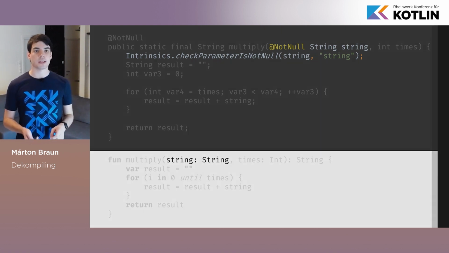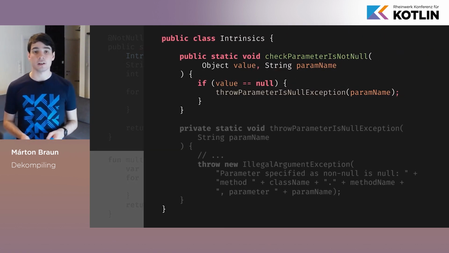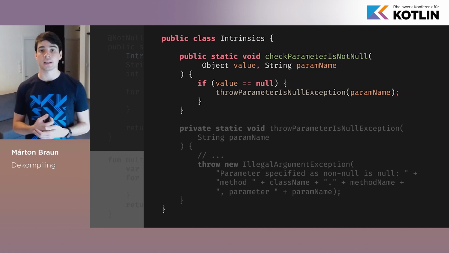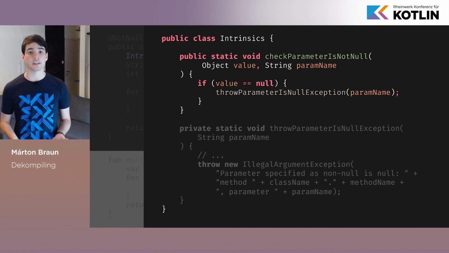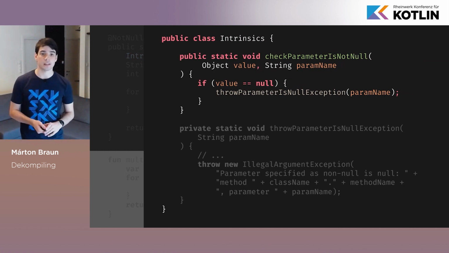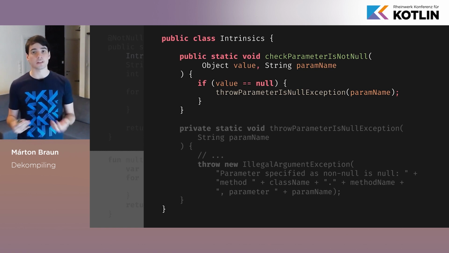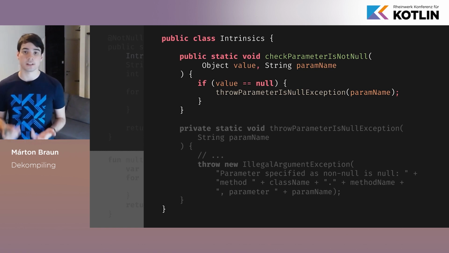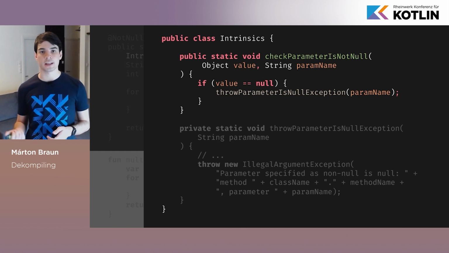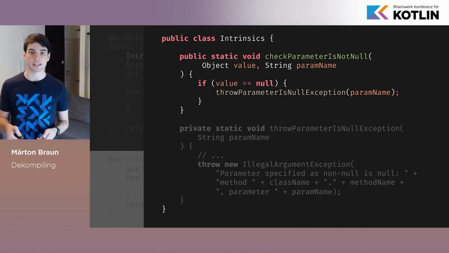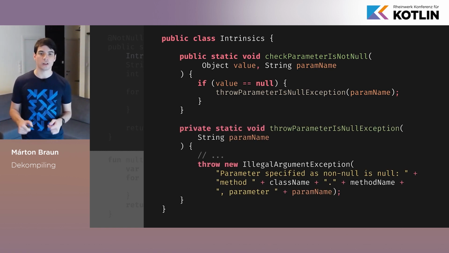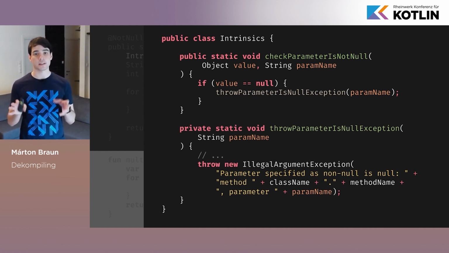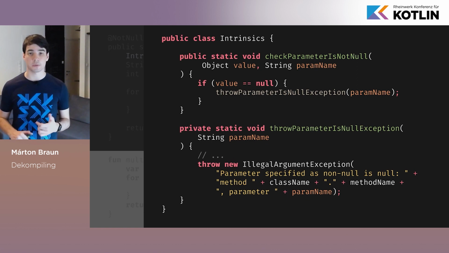And if we navigate to this, which we can do in our IDE, we're going to find the intrinsics class and the method inside it in the Kotlin runtime. You can see that the method is actually just a null check. And if it does fail the null check, then it's going to delegate throwing the exception to the next method of the class, which grabs a couple of things from the current stack trace, as well as the parameter name that was passed in as a parameter.